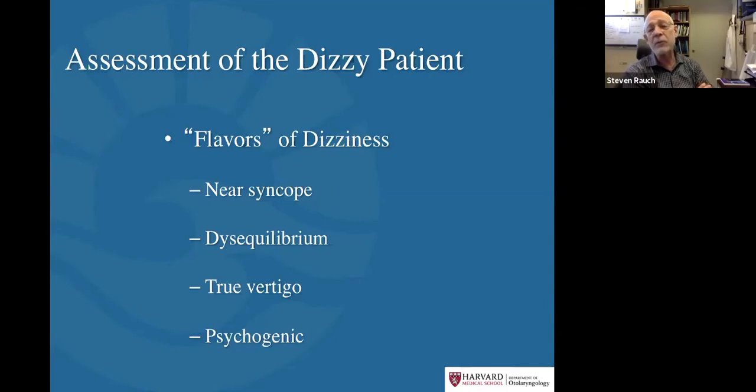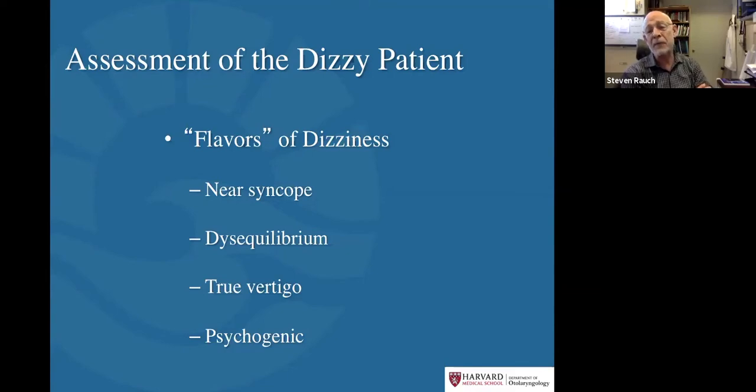And any of you who've been down on the floor doing crunches or some other workout and are a little dehydrated and stand up too fast know that feeling of having a brownout, of near syncope. And this is a symptom of inadequate cerebral perfusion.